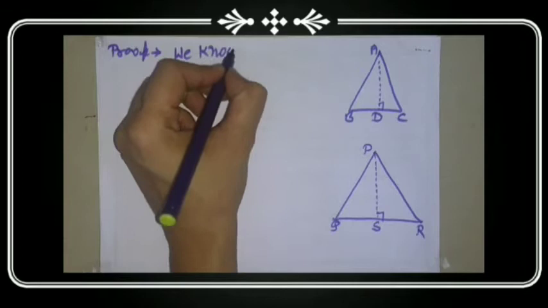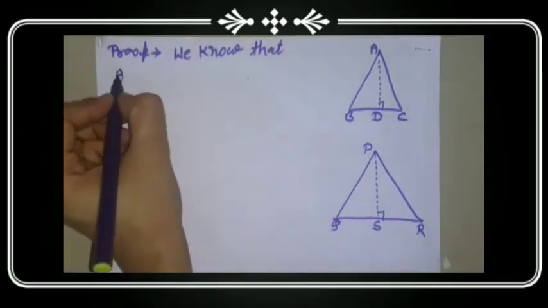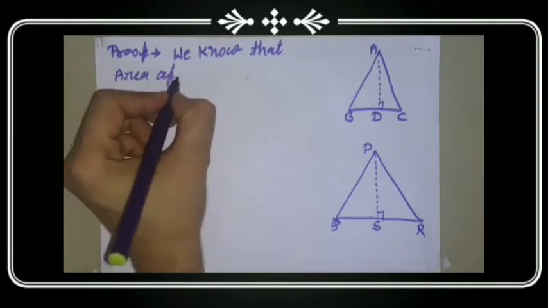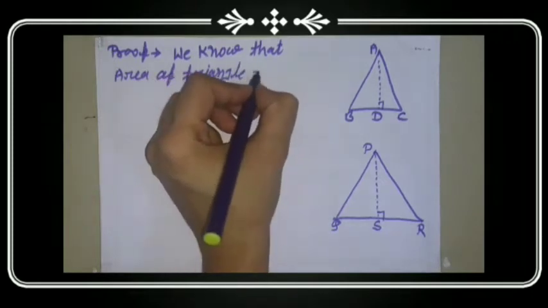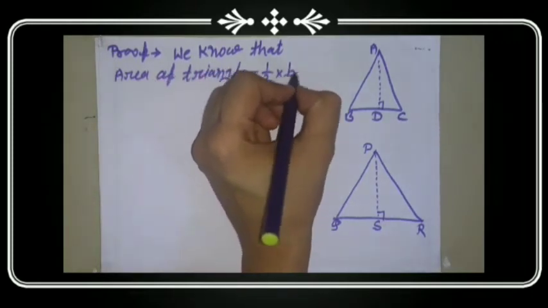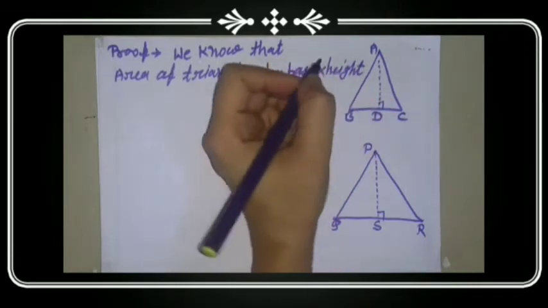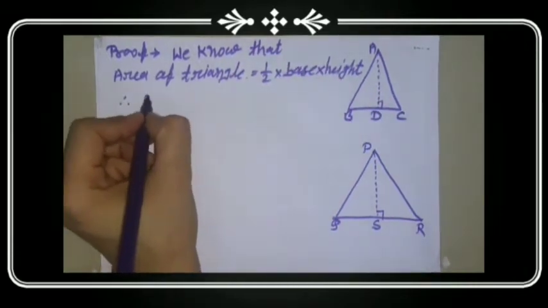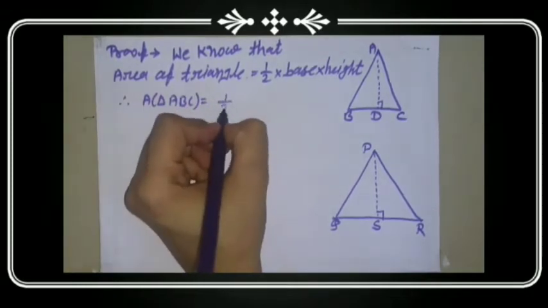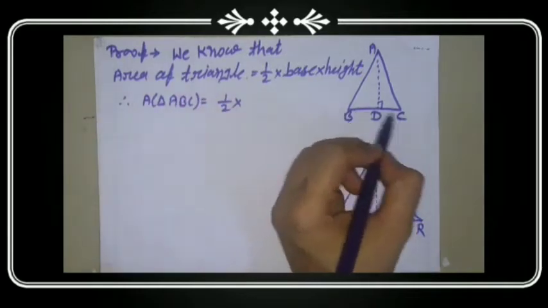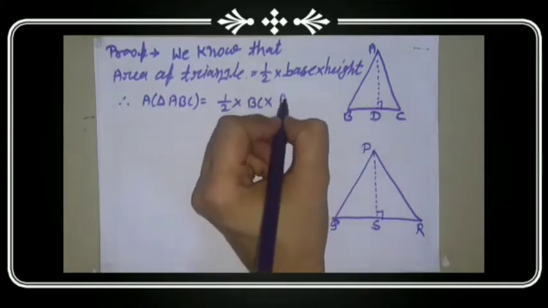We know that area of triangle equal to half into base into height. Therefore, area of triangle ABC equal to half into base means BC into height means AD.